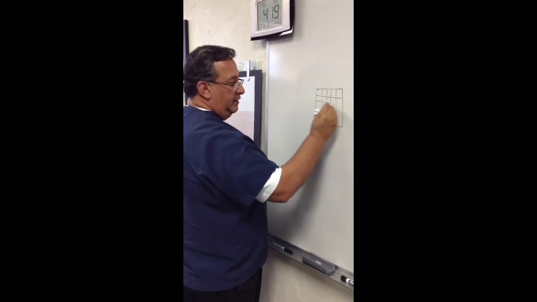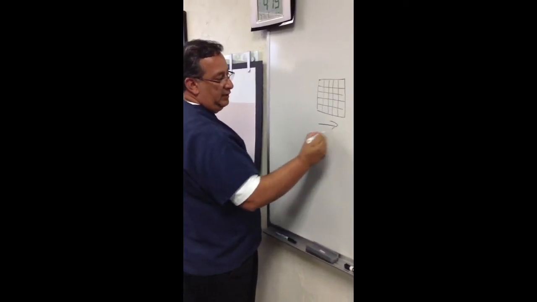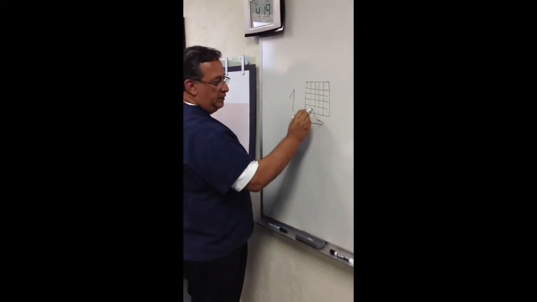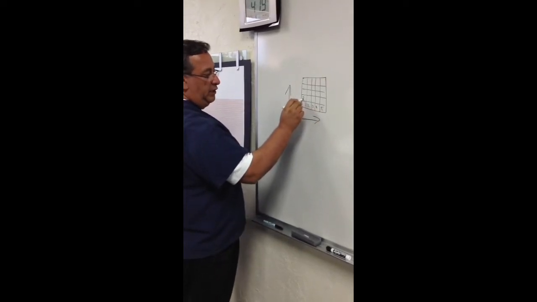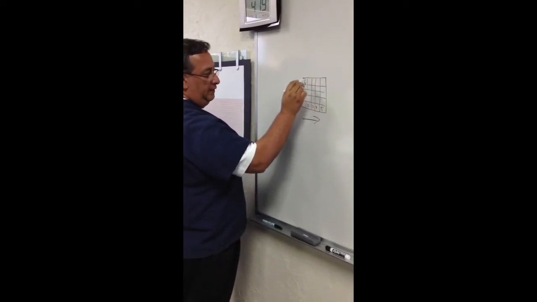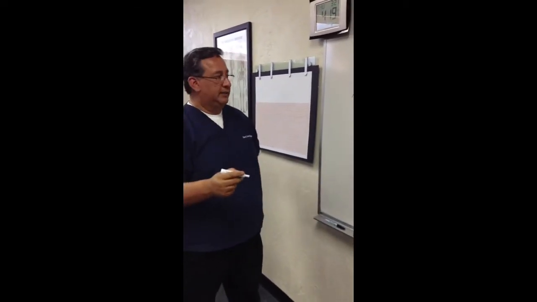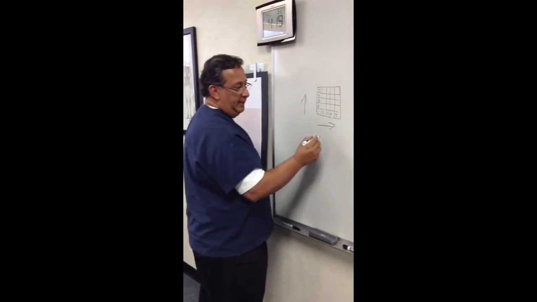Now inside the large square are 5 little squares across and 5 little squares up. So we have 1, 2, 3, 4, 5 little squares, and then 1, 2, 3, 4, 5 little squares up, for a total of 25 boxes in a large box. So again, this is a large box with little squares in it.